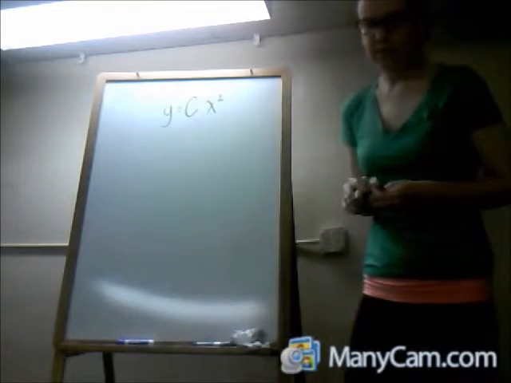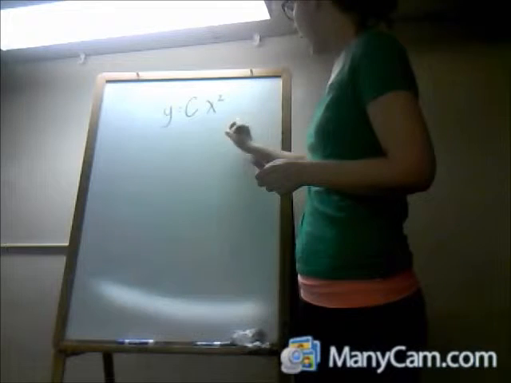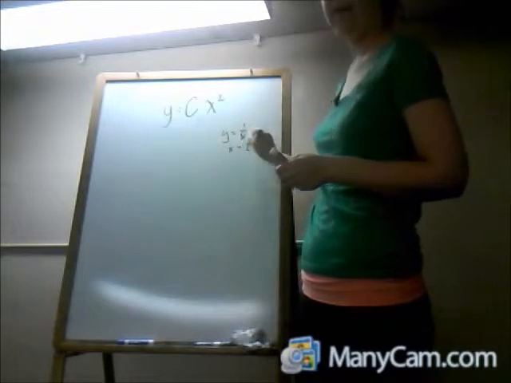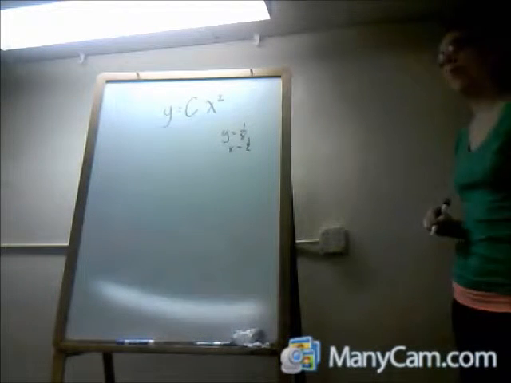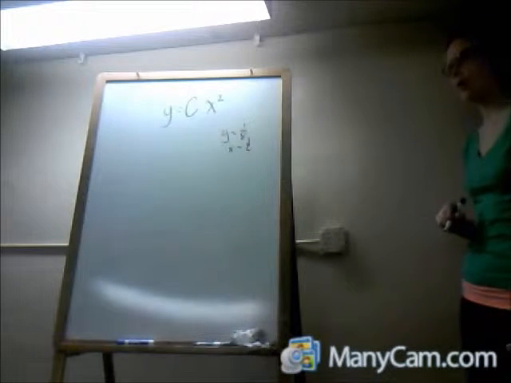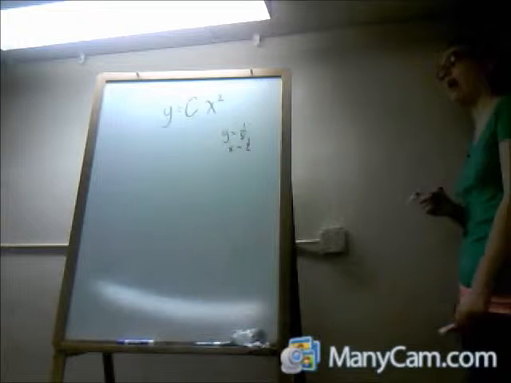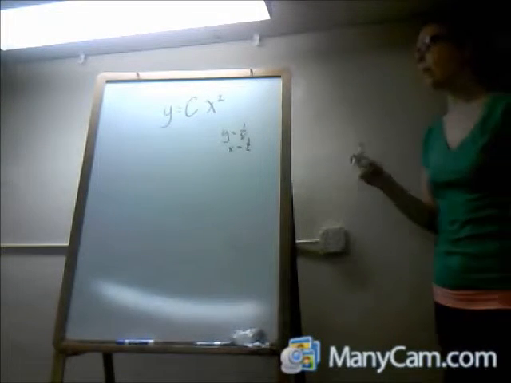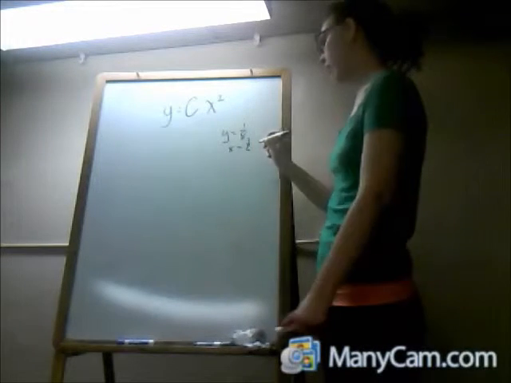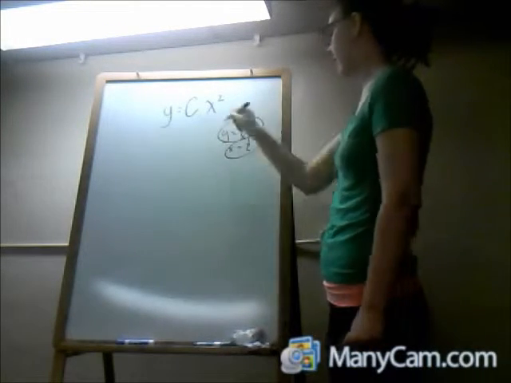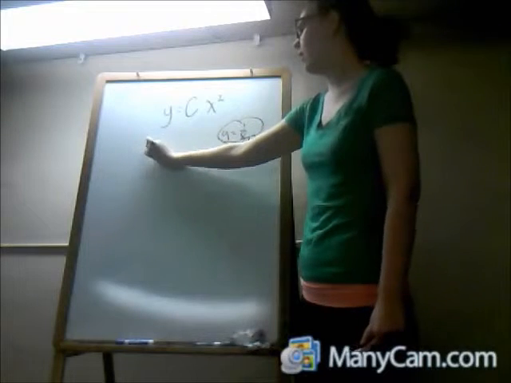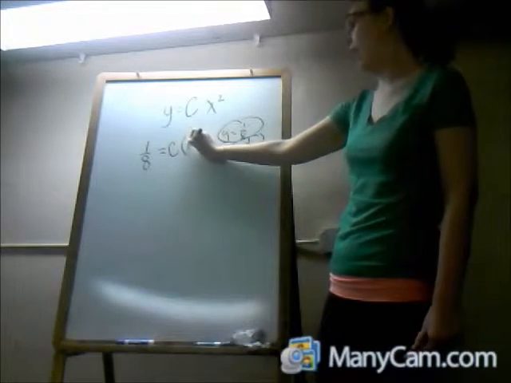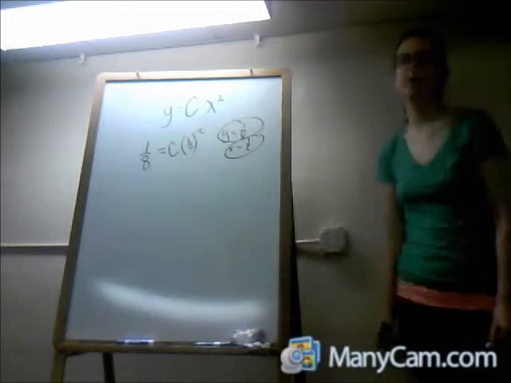Then they're telling us that y equals 1/8 when x equals 1/2. So we can find that constant really easily, and how can we do that? We can find the constant by plugging in this for x and this for y. So we can say 1/8 equals c times 1/2 squared.